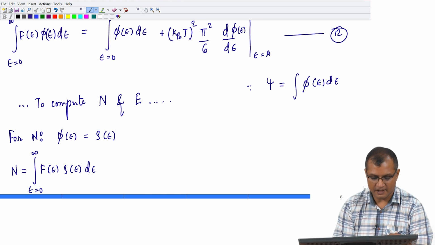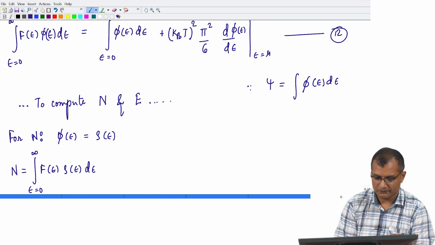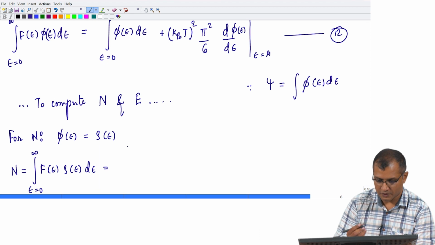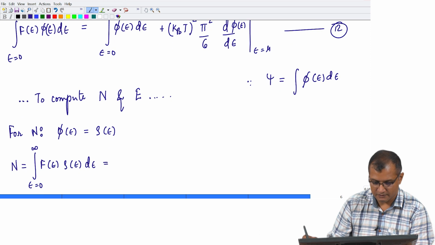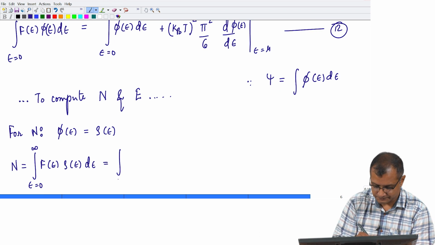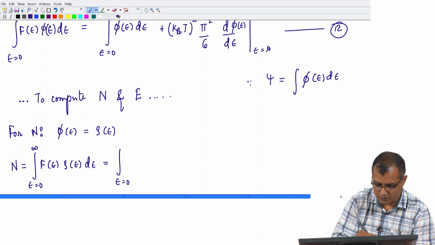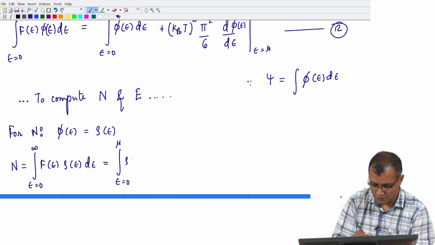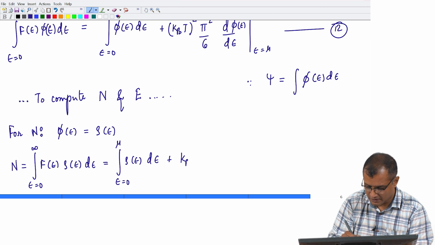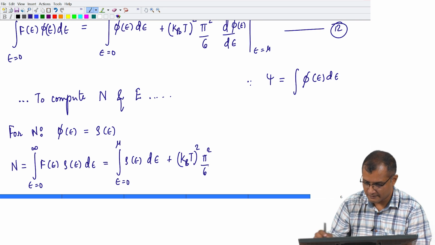So, putting phi as rho E, this will give me the n, which means on the right hand side I have to put phi as rho E. So, if you do that, what you get is integral E going from 0 to mu rho of E dE plus k_B T the whole square into pi square by 6 into d by dE of rho E at E equals to mu.